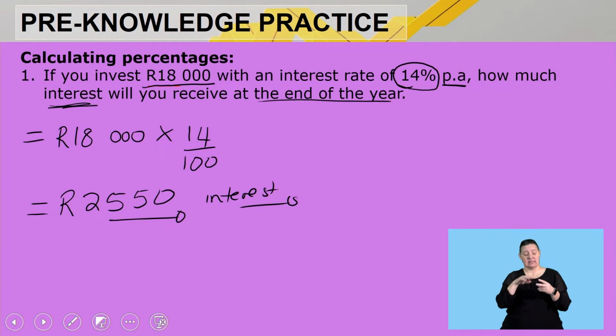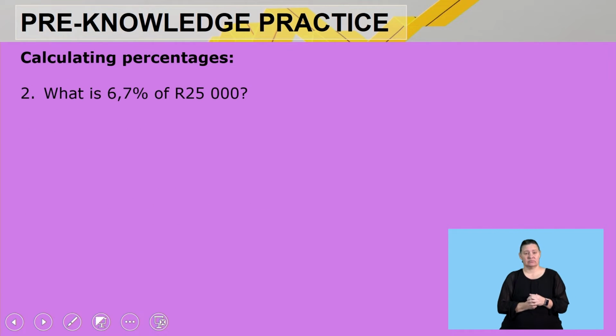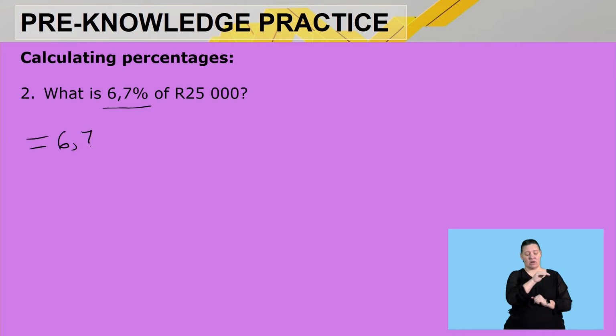Secondly, we are still working with percentages. We're looking at number 2. It says here, what is 6.7% of 25,000? So 6.7% can also be 6.7 over 100, and your "of" will become your multiplication sign.